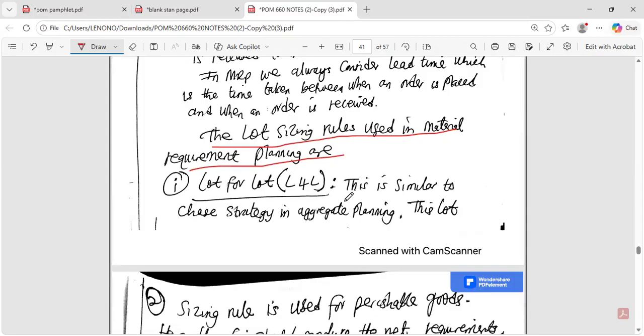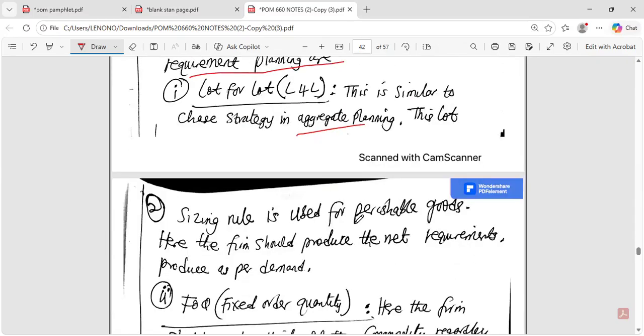So lot for lot is similar to chase strategy in aggregate planning. So this lot sizing rule is used for perishable goods only, like vegetables. It cannot be used for any other production.